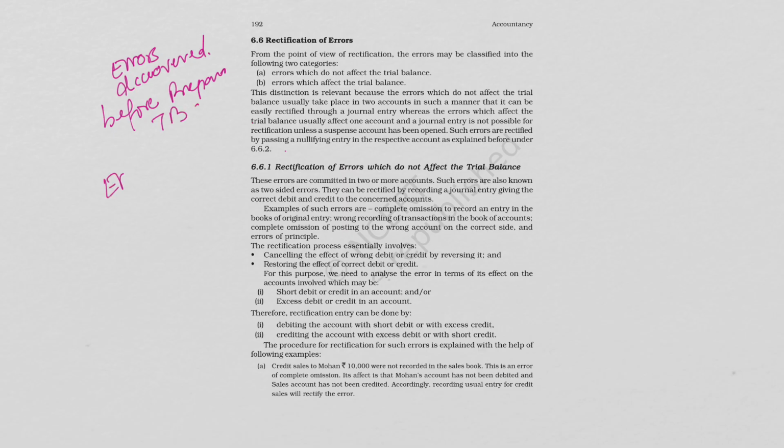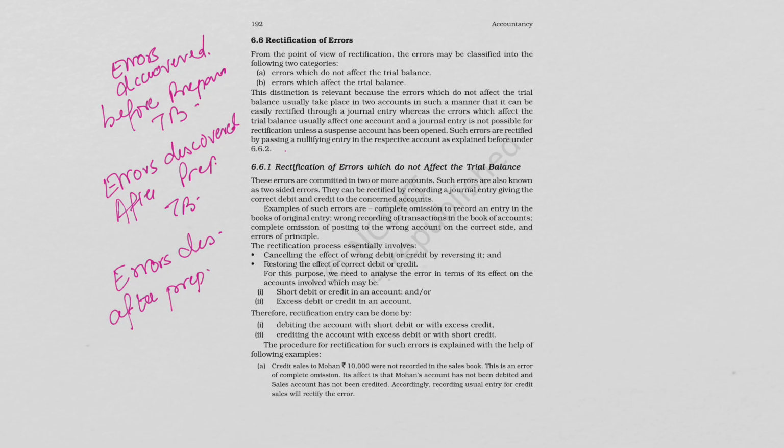Then we have errors discovered after preparing the trial balance. Then we have errors discovered after preparing the final accounts. Each stage has a slightly different method of rectification.